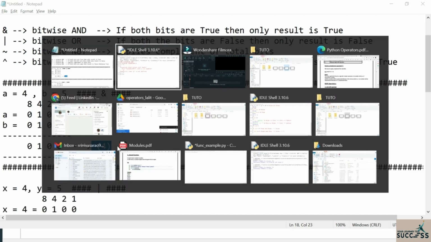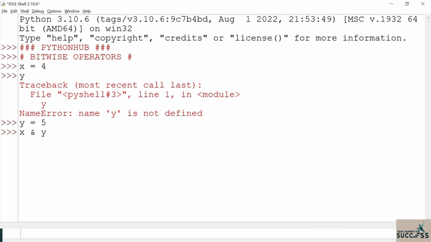So let us see whether we are getting 4 or not. The output should be 4, because when we calculate manually, the output is 4. In this way we can apply the bitwise AND operator between two variables.